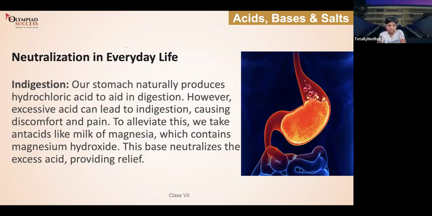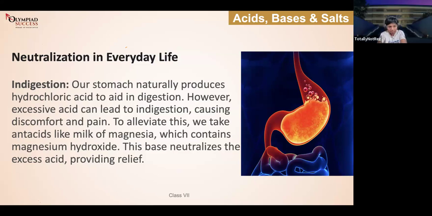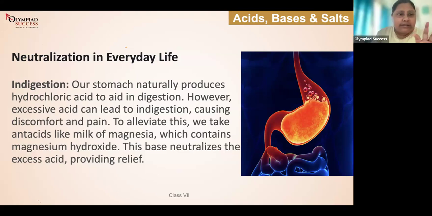When you consume that, it is going to react with the acid. Milk of magnesia is colorless, though there are certain ones which are pale yellow, depending on the other bases present.